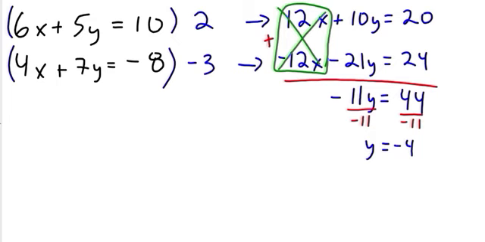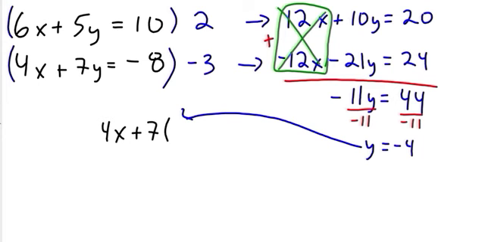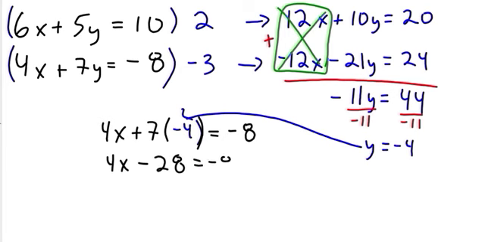Okay? Now again, we're going to take this y value and we're going to plug it into one of the two equations. In this case, you can choose. I'm going to actually take the second equation this time. So now I'm going to write this as 4x plus 7 times, and I'm going to take that negative 4 and plug that in for y equals negative 8. This means then 4x minus 28 equals negative 8.